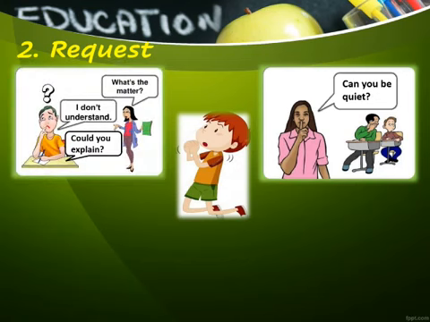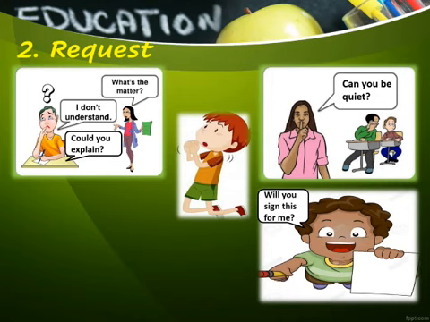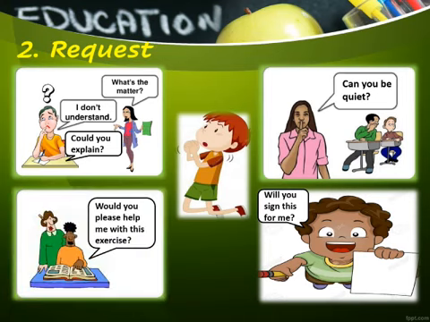Or when you don't understand something and you ask the teacher, "Could you explain more, please?" Or when you need your teacher to sign a paper for you, you say, "Will you sign this for me?" Or when you ask for help, saying, "Would you please help me with this exercise?"